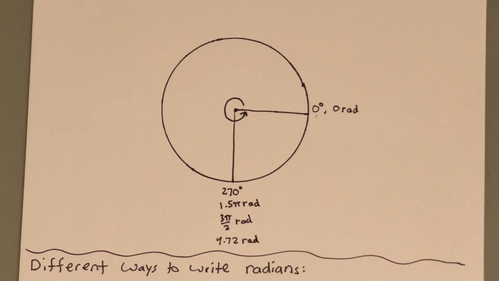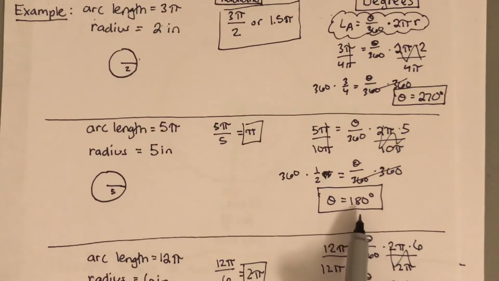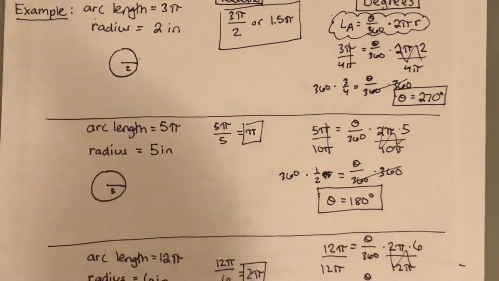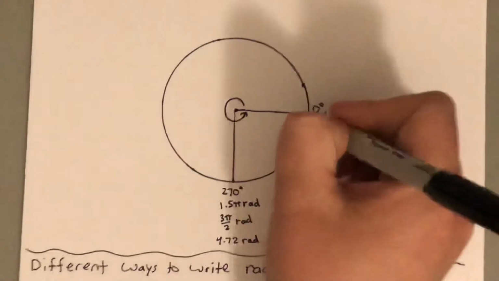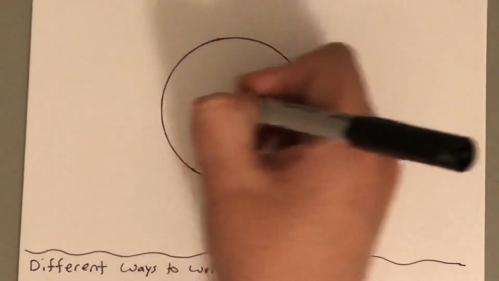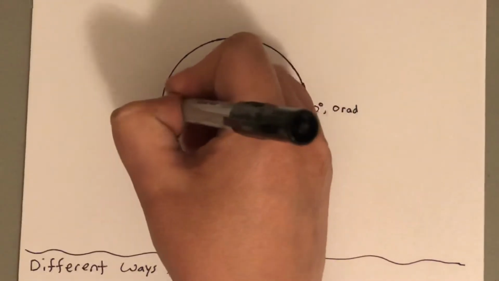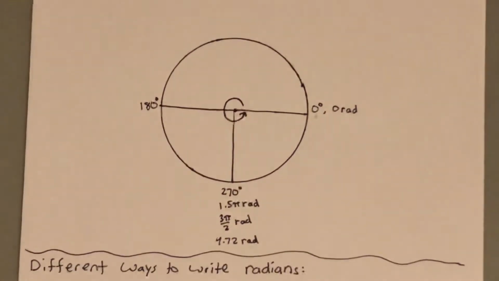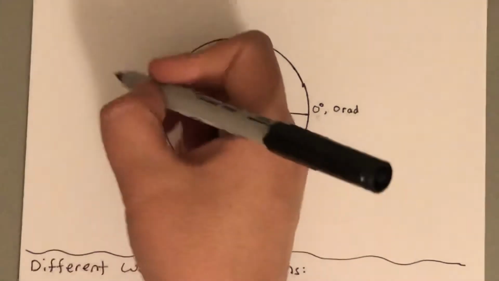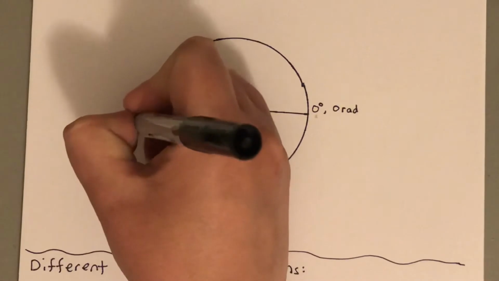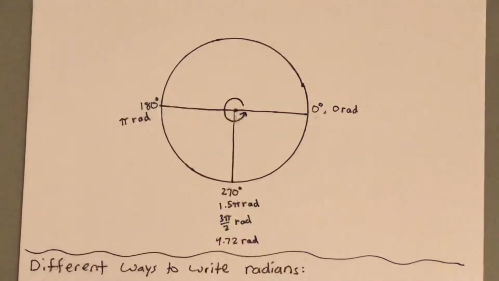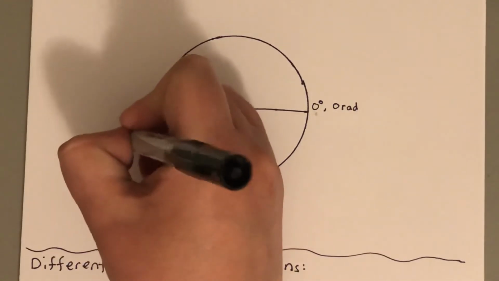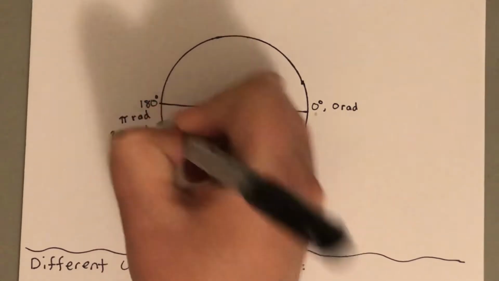Now we also learned from our last video that 180 degrees is the same as pi. So a 180 degree angle starting here going around would be halfway around the circle. So 180 degrees, or I might see that written as pi radians, or as 3.14 radians.